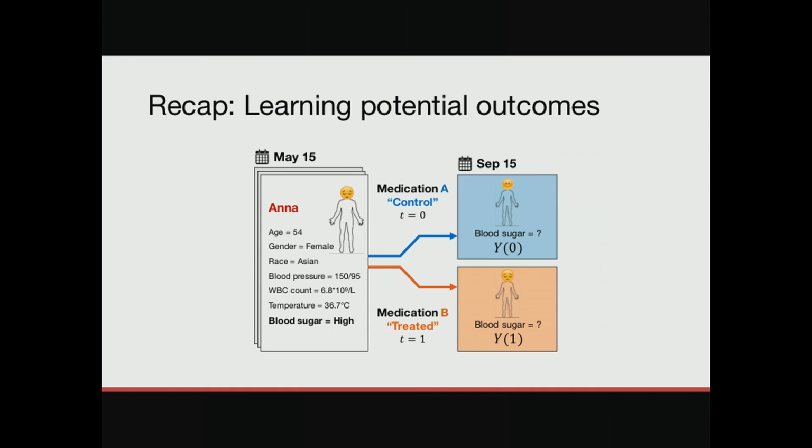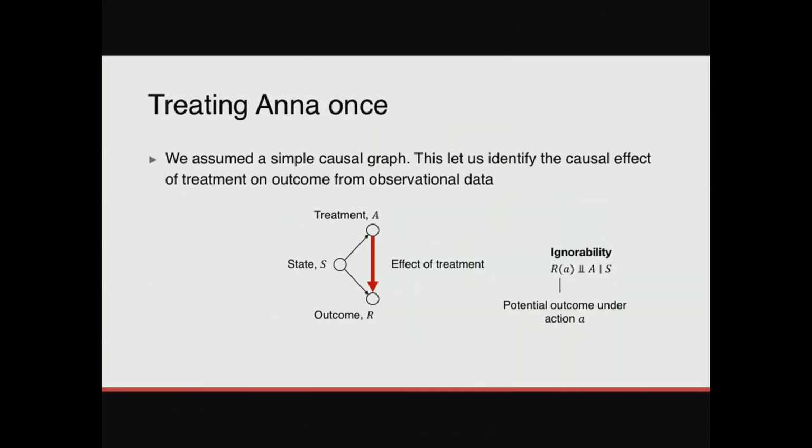So I'm just using this here to introduce you to the patient Anna, and we're going to talk about Anna a little bit more. So treating Anna once, we can represent as this causal graph that you've seen a lot of times now. We had some treatment A, we had some state S, and some outcome R. We want to figure out the effect of this A on the outcome R. Ignorability in this case just says that the potential outcomes under each action A are conditionally independent of A given S. And we know that ignorability and overlap are sufficient conditions for identification of this effect.